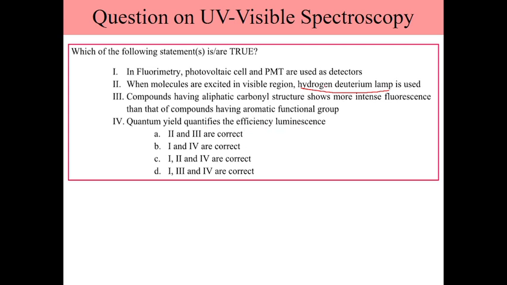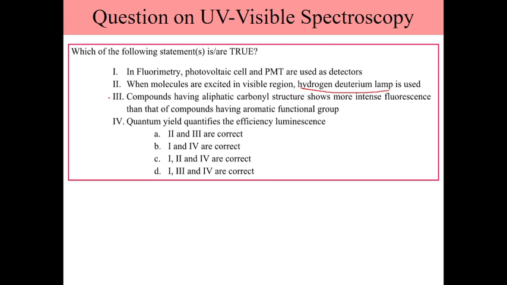If you remember from the previous classes, detectors definitely use photomultiplier tubes. But for the visible region we were not using a hydrogen deuterium lamp. For the visible region we were using the tungsten lamp, and this hydrogen deuterium lamp we were using to generate ultraviolet light in UV visible spectroscopy.